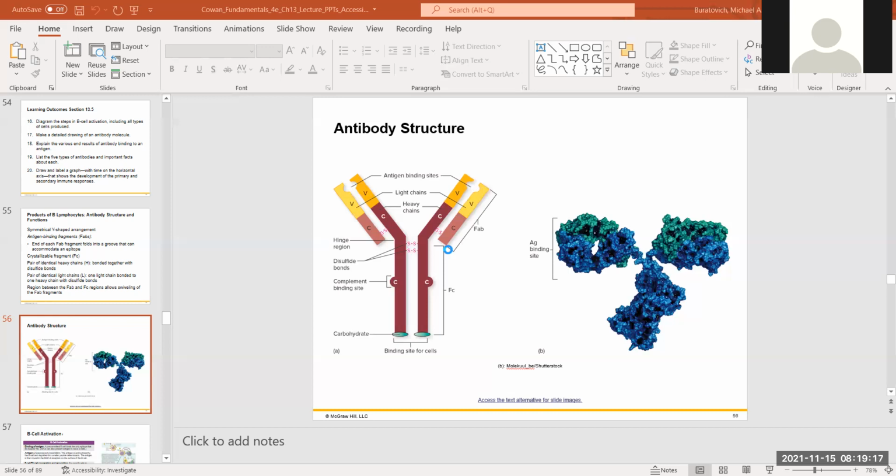IgD would be the initial receptor, because once you make a certain antibody, that becomes your receptor now. But IgD is the initial receptor on the B cell. So how about IgE? Allergies. And we're going to see some of the treatments for asthma actually block things like IL-4 to prevent you from making IgE.